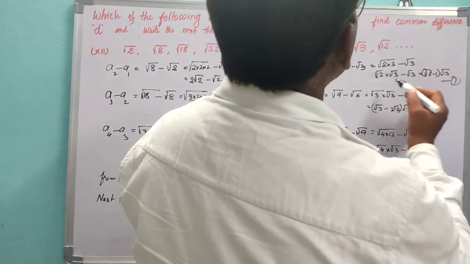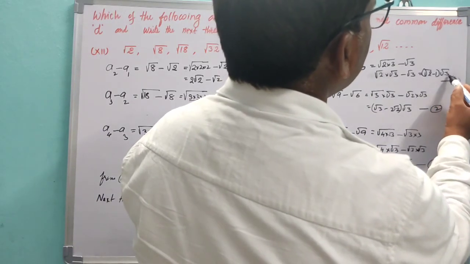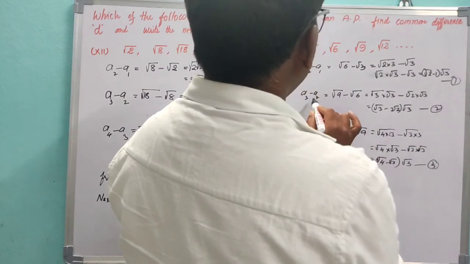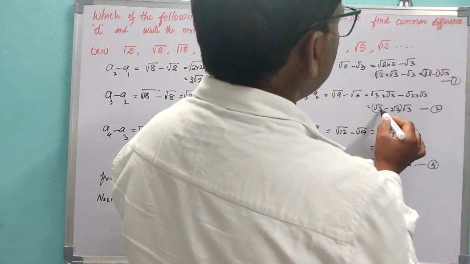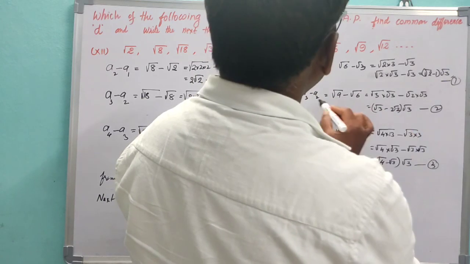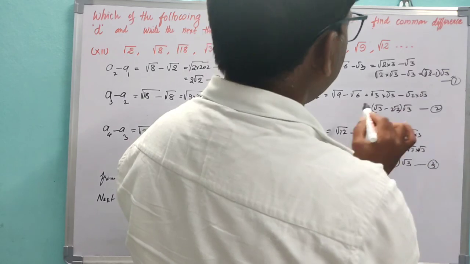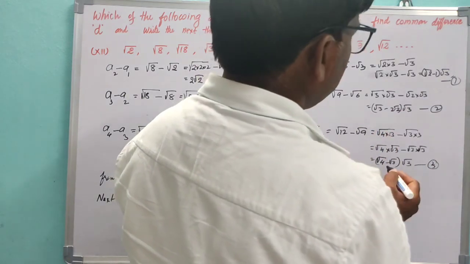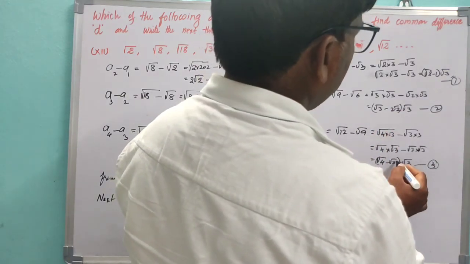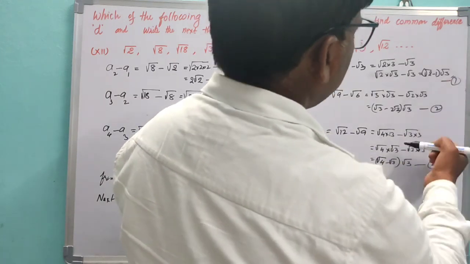Now see this. a2 minus a1 is under root 2 minus 1 into root 3, a3 minus a2 is equal to under root 3 minus under root 2 into root 3, and a4 minus a3 is equal to under root 4 minus under root 3 into root 3. So these terms are not the same.